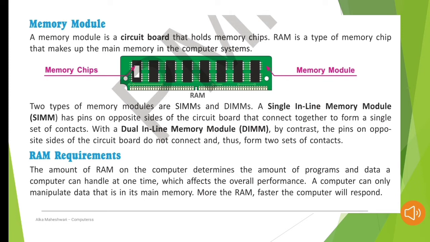DIMM, dual inline memory module: pins on opposite sides do not connect, thus making two sets of contacts. Now, the requirement of RAM. The amount of RAM on the computer determines the amount of data and programs the computer can handle at one time. Speed of processing will be more if the RAM size is large.